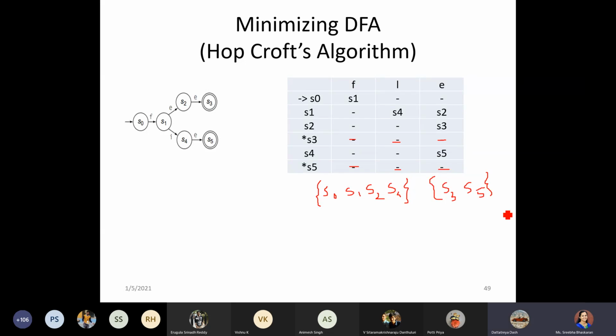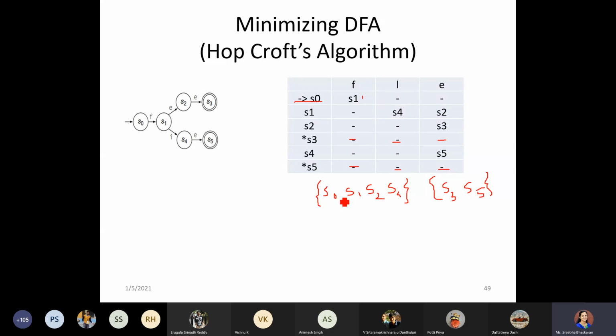Okay. Next, coming to the first category, the non-final state group. Here we have 4 states. Now if you pick up the first 2 combinations, S0 with S1, see the transitions accordingly. S0 with respect to F, we have S1 and there is no other transition.